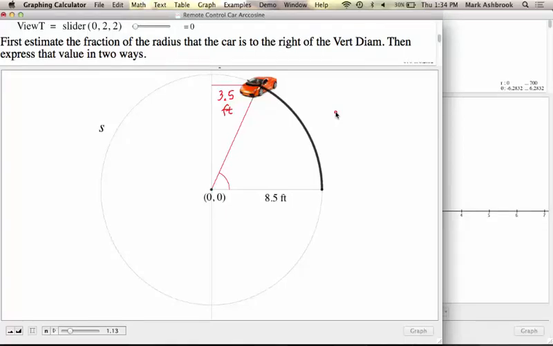I want you to estimate the fraction of the radius that the car is to the right, and then express it two different ways. Write an expression that would give that number exactly. Two different expressions. This is fair game for the test. This is nothing new. Can you do it?